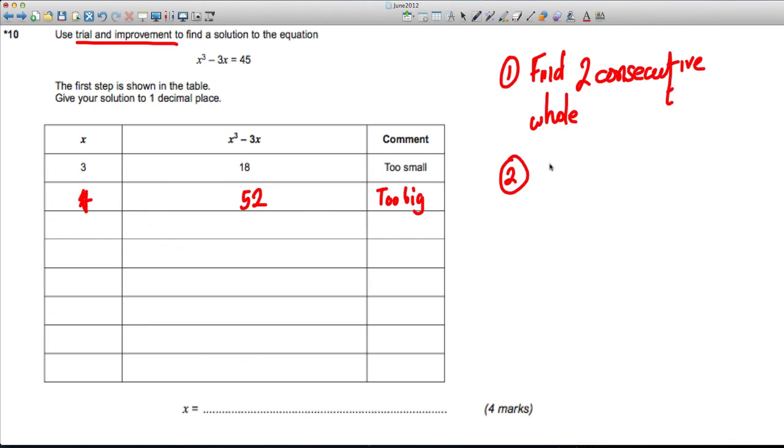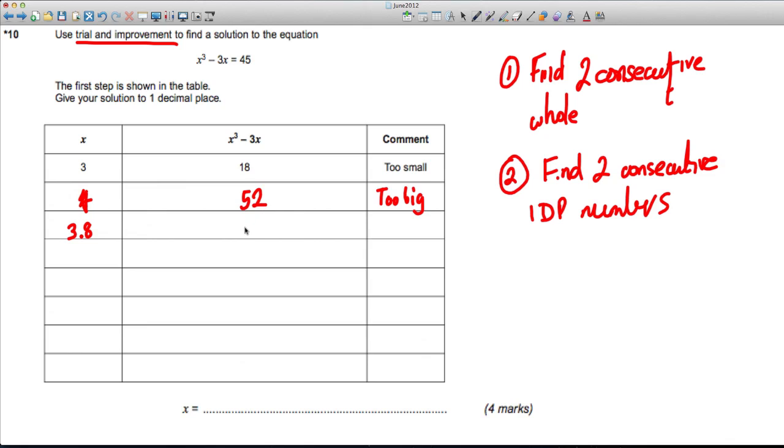So the next thing we need to do is find two consecutive 1 DPs, 1 decimal place numbers. So let's guess the next one. Let's guess 3.8. Okay, so we'll put in 3.8 and we get out 43.5, and that is too small.